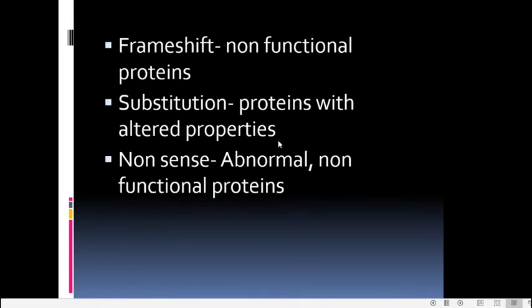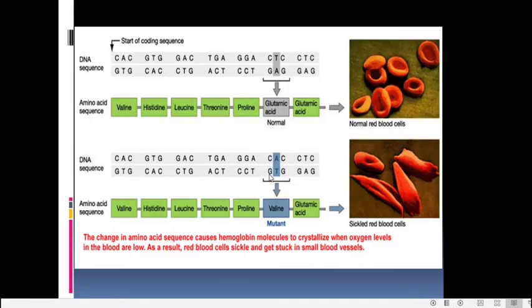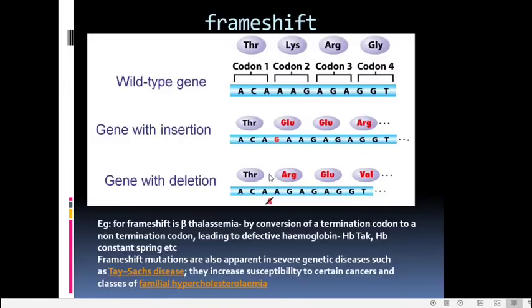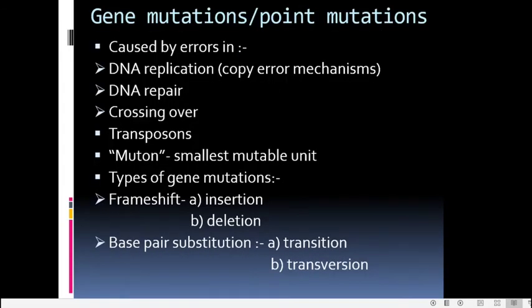Now, which are more likely to show their phenotypic effects? Either the frame shift mutation or the base pair substitution. 80% of gene mutations or point mutations are frame shift, because once the addition or deletion of a base has occurred, thereafter the entire reading frame of the gene will be changed, and the protein produced will be non-functional.